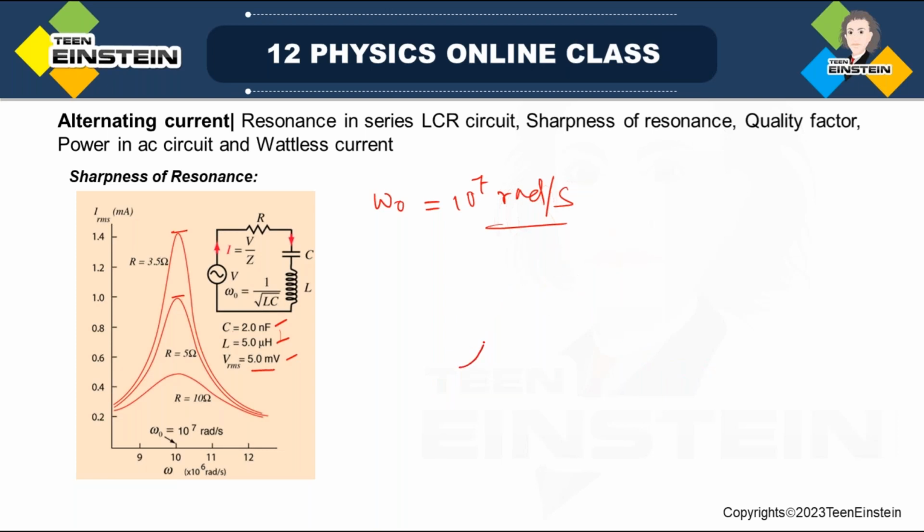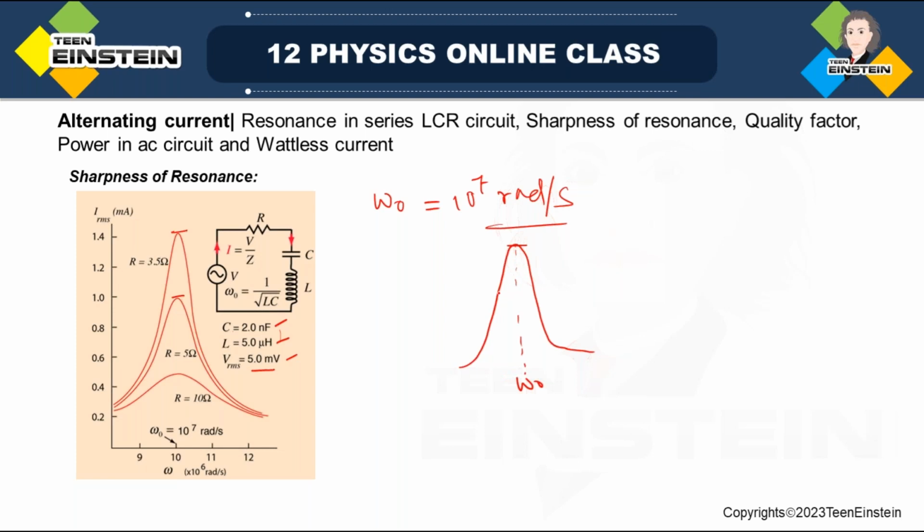In the temple there is a bell, or in the church there is a bell, so it has a bell shape. This is a typical resonant curve. At the resonant frequency there will be a maximum or peak, and on either side of the resonant frequency, the current will be decreasing.